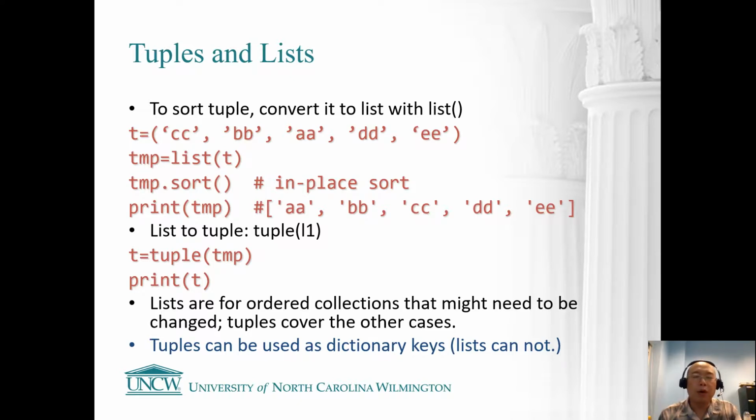Number one, for some of the data, you may want to have the data protected. This means if you have something and you do not want any other part of your program to change that, it is safer that you put that into a tuple, because if you have a tuple, then all the members cannot be changed, they will stay as is.